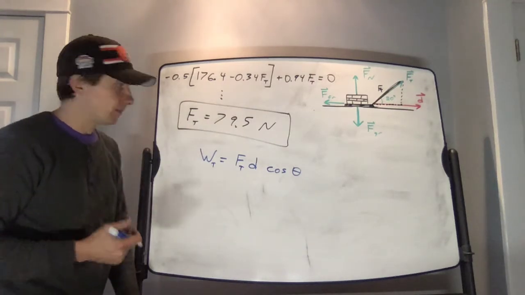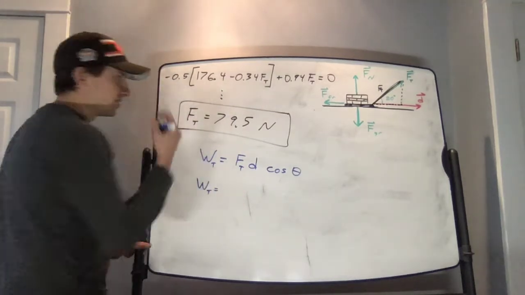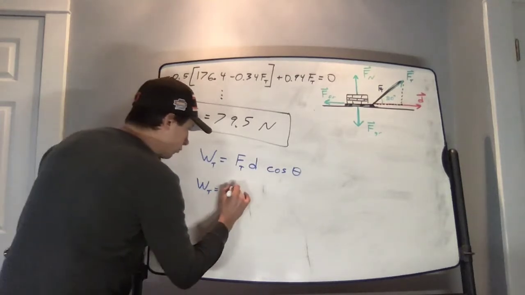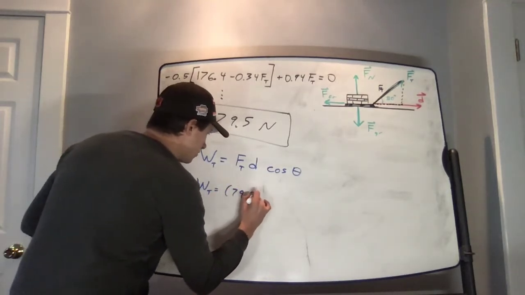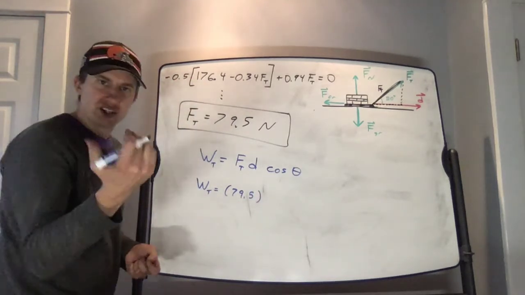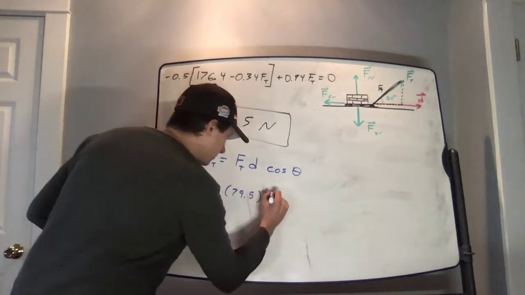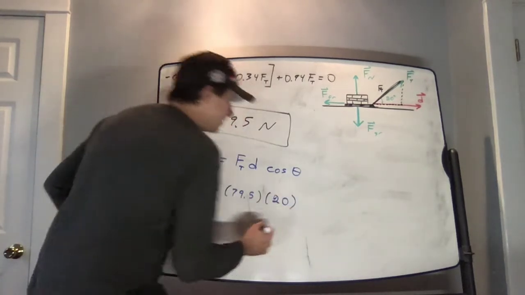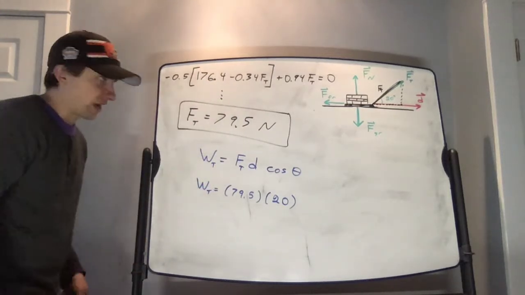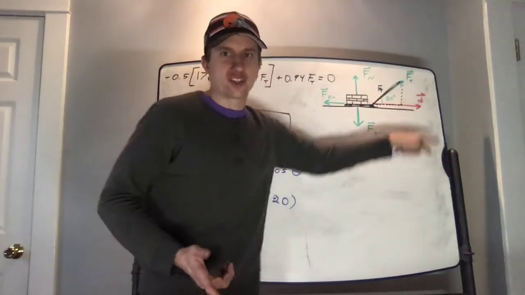And this angle is going to be the angle between the direction that the sled travels and the direction of the tension force. So the work done by tension could be written as the strength of the tension force, that is the magnitude only, so that would be 79.5 newtons. The distance that the object travels, in this particular example, we're considering the sled to have traveled 20 meters. And the angle between the displacement vector and the force vector: in this picture, the displacement vector is in the positive x direction.